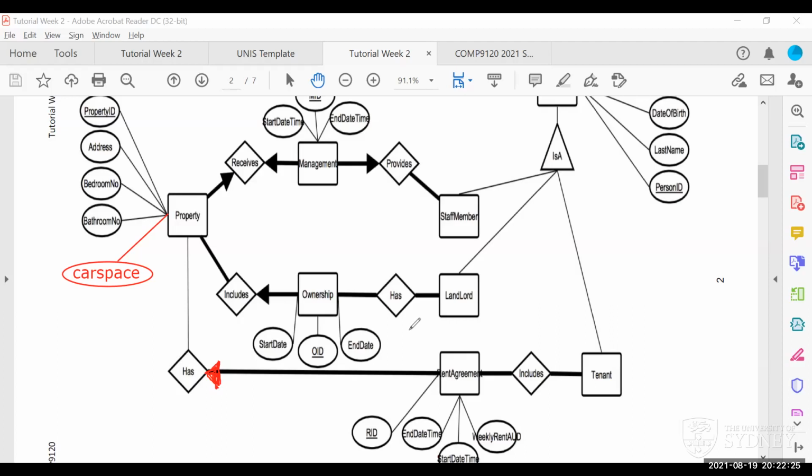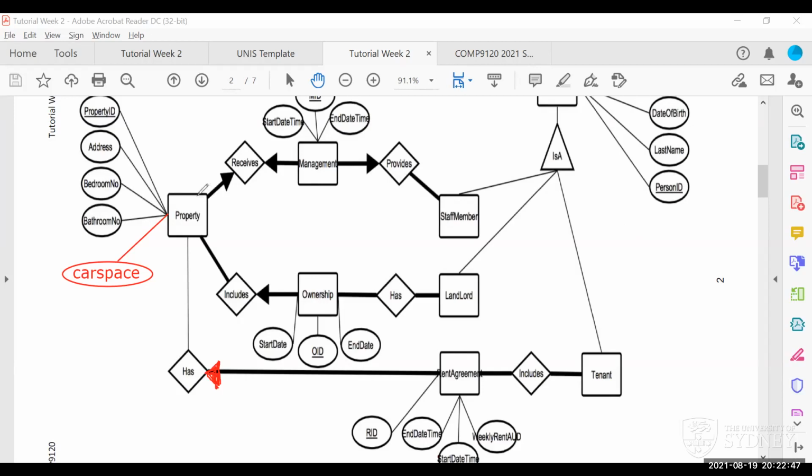Okay. All right. Is there any other mistake you can spot? Can you spot any other mistakes?